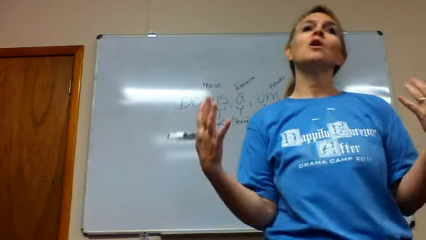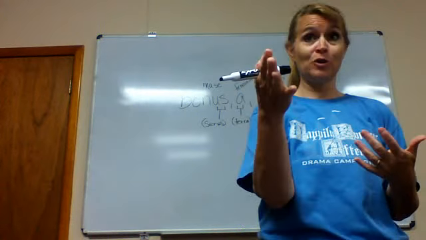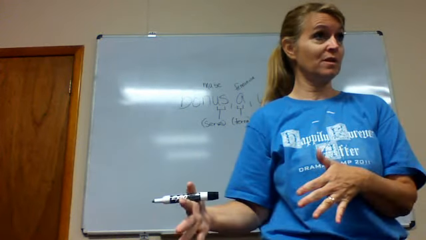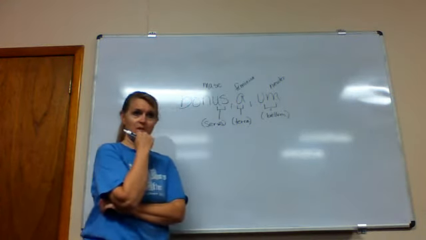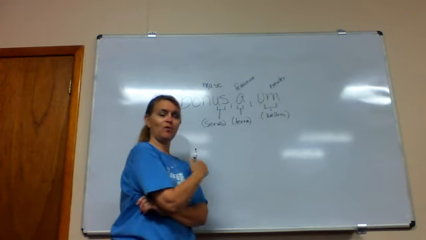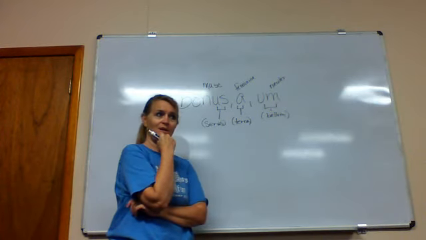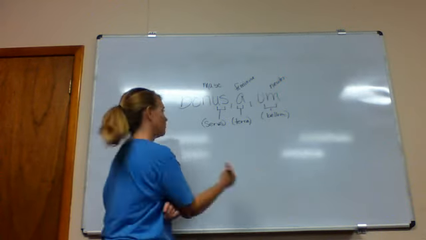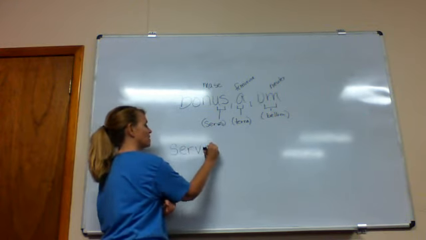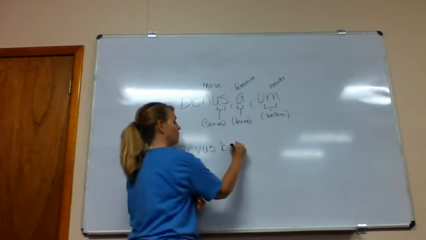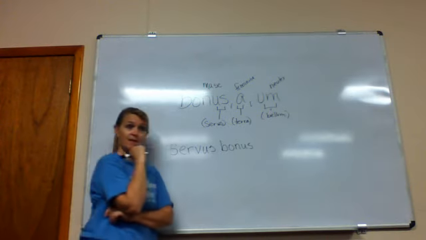If it's describing a quality, like that blue pen we were talking about, it comes afterwards. So what do you think about this word bonus? Is that going to come before or after? After, right? So we'll put our word for slave first: servus bonus. Does that make sense?